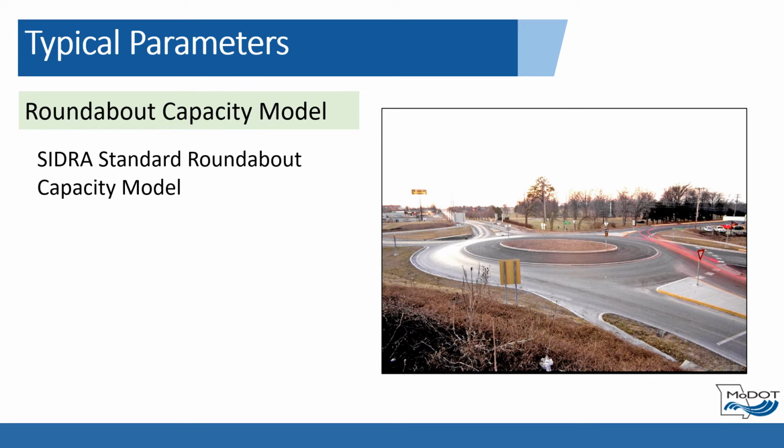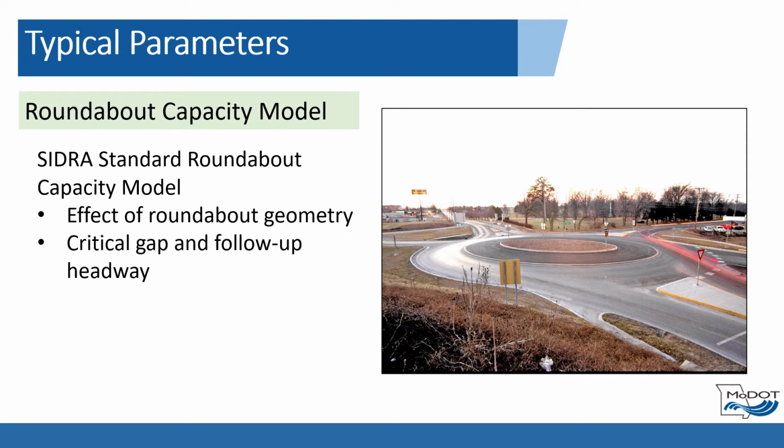The SIDRA Standard Roundabout Capacity Model is based off the HCM, but provides additional analysis for the following: the effect of roundabout geometry parameters, like roundabout size, circulating road width, entry radius, and angle, on capacity, critical gap and follow-up headway reduction with increasing demand flows, and the effects of vehicle arrivals based on adjacent traffic control devices.